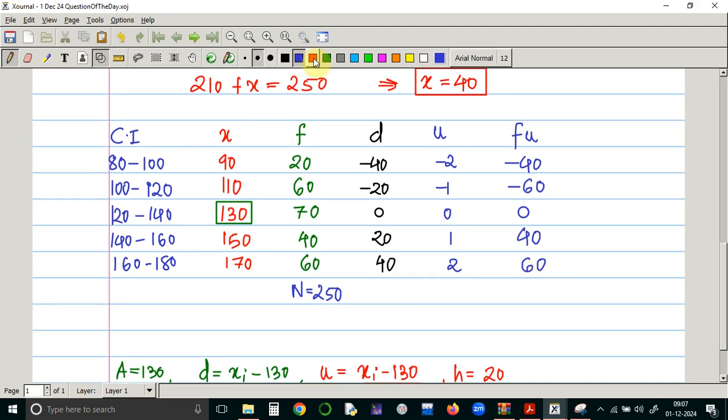And I want the sum of the column f into u. You can see that minus 40 cancels 40, minus 60 cancels 60. This sums up to 0.